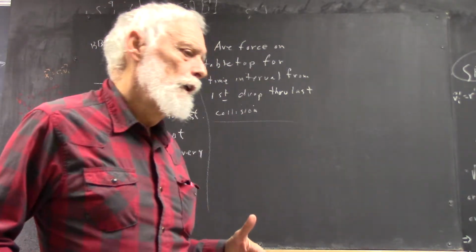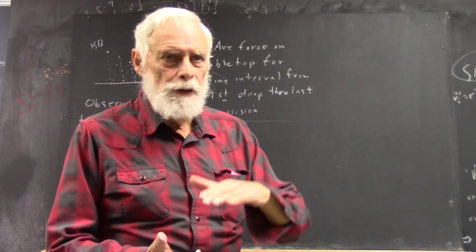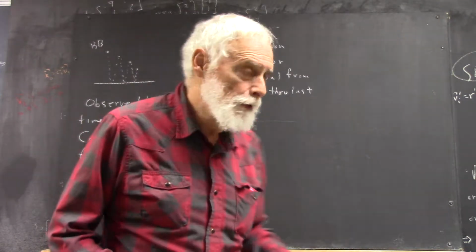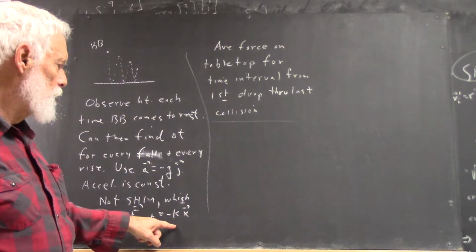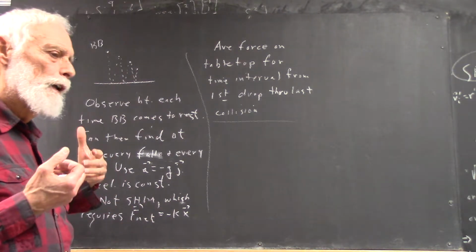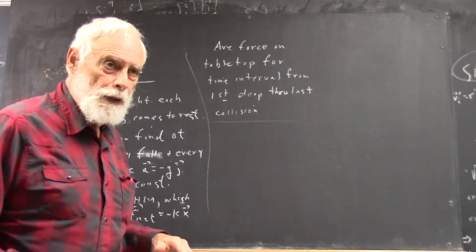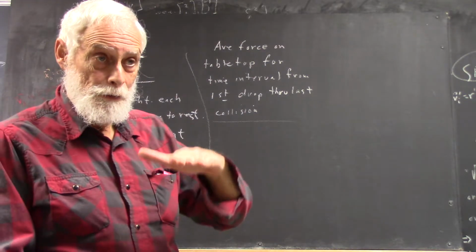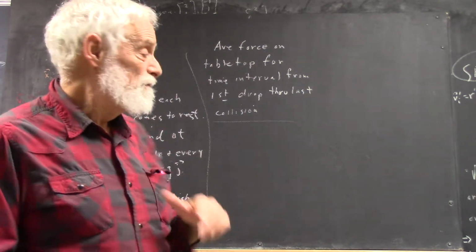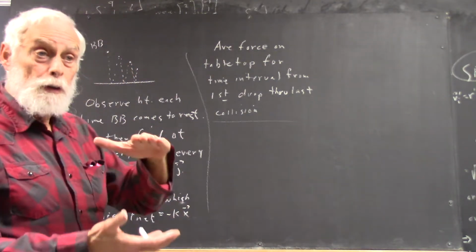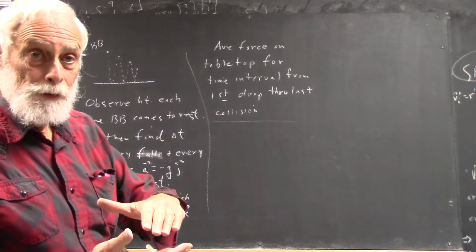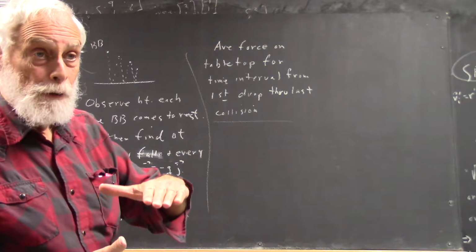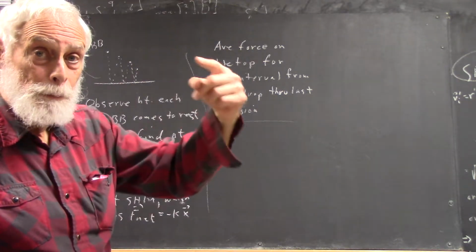Now, the compression and decompression does not exactly involve a force that's linear with respect to its position, okay? But it kind of has that nature. The more it compresses, the more force it exerts in the opposite direction. And as it decompresses, the less force. So the force goes up and down.